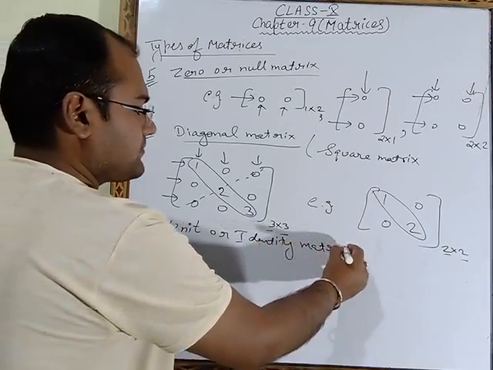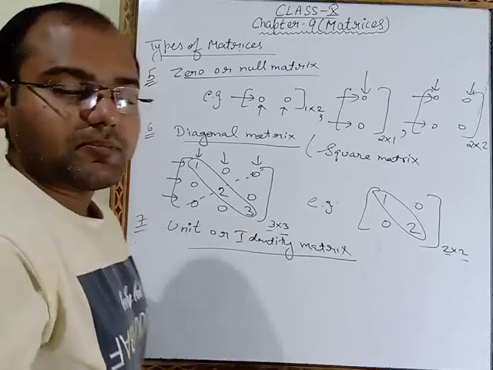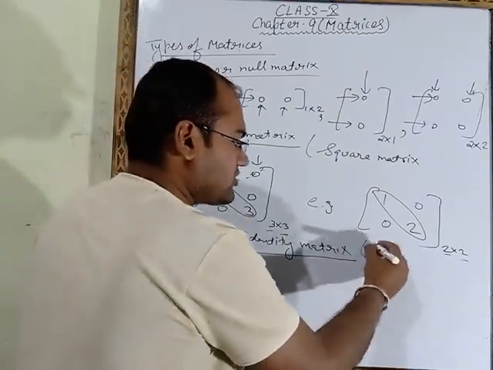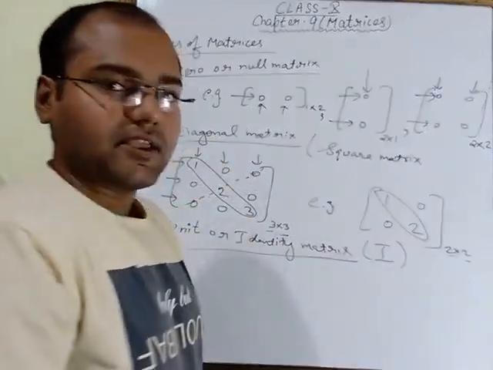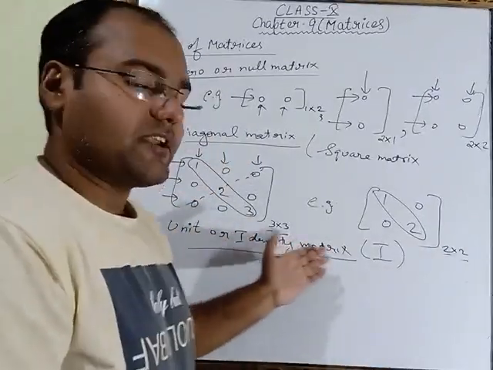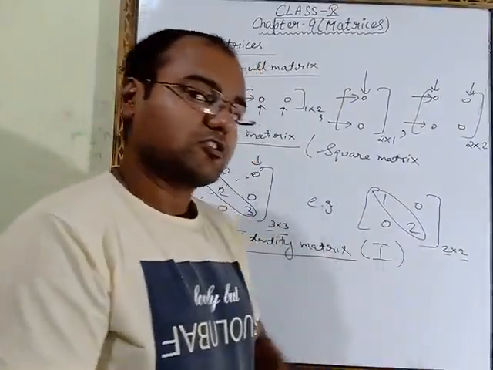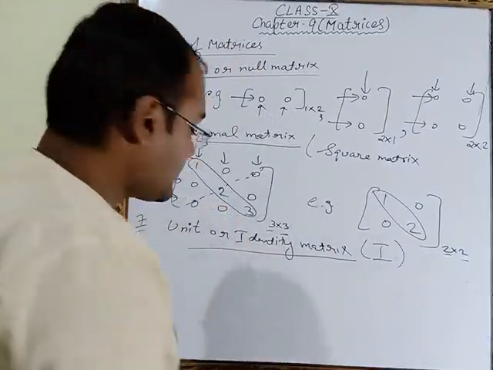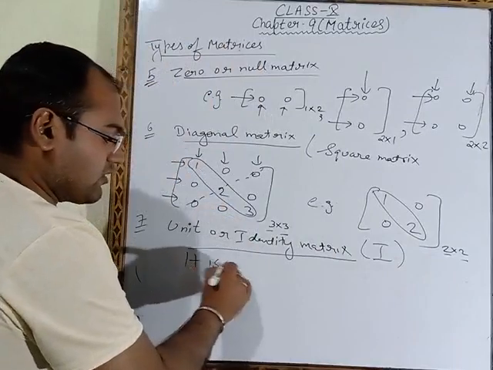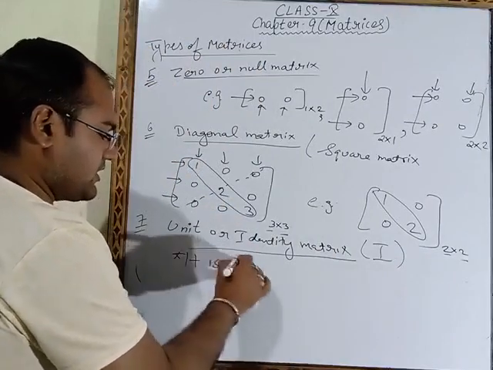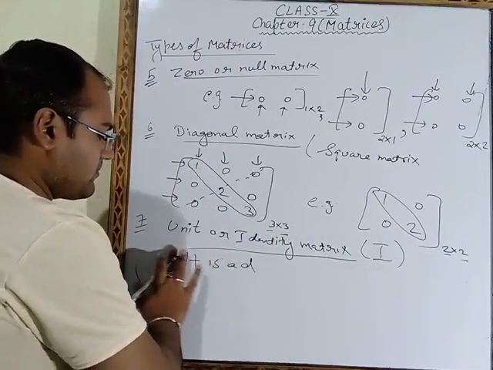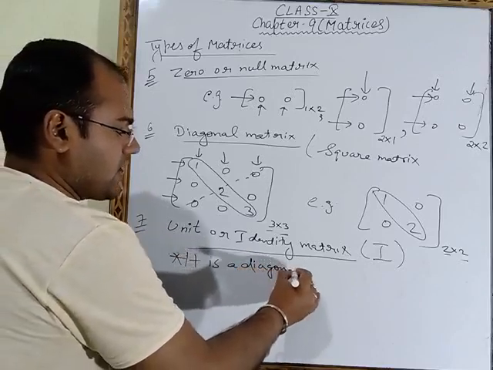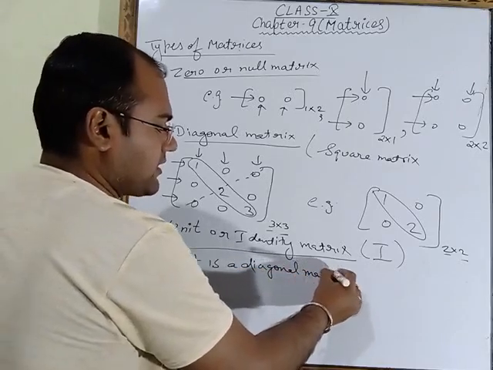Now the 7th type is the unit or identity matrix. This matrix is denoted by capital I. So what is this unit or identity matrix? It is a diagonal matrix. First of all, the first point that you have to remember is it is a diagonal matrix.